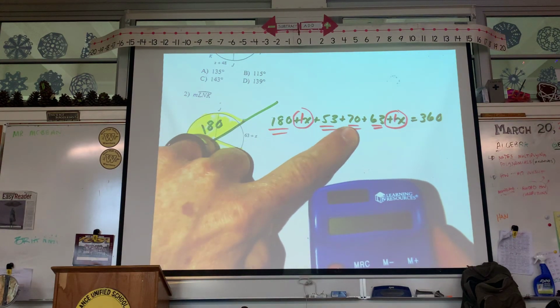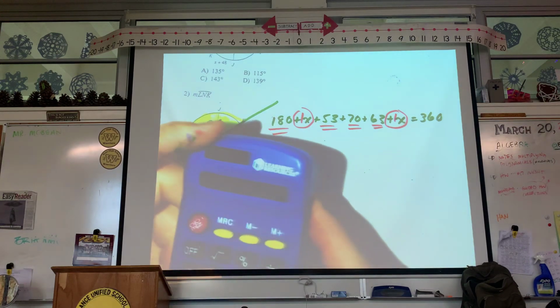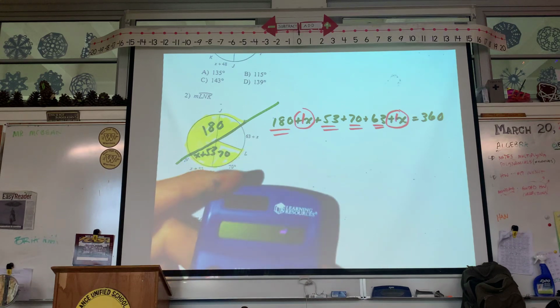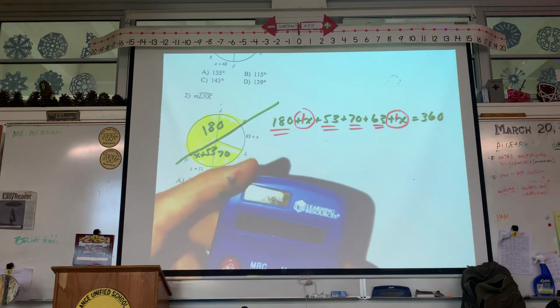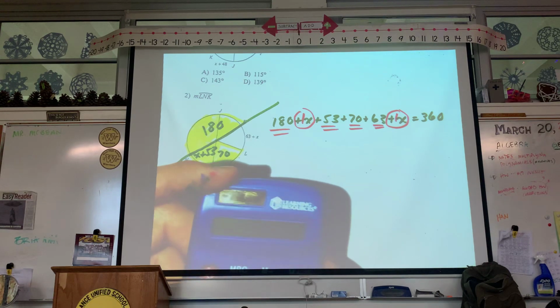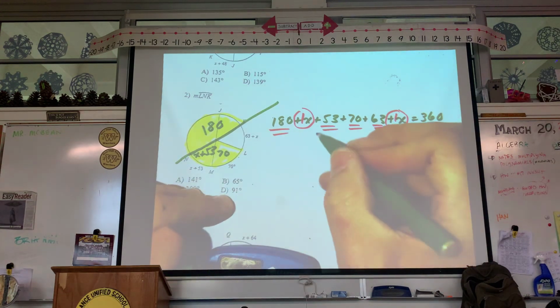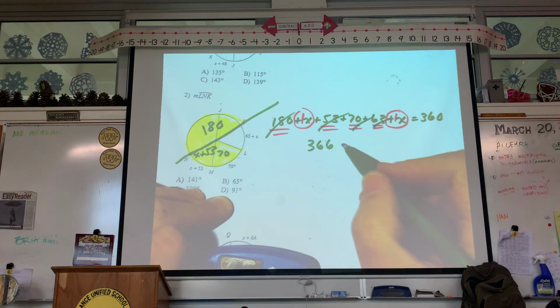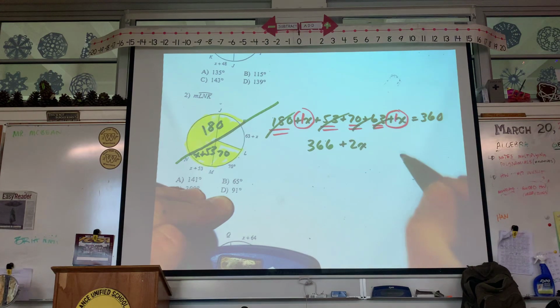This is going to be very similar to the last one. I'm keeping this, I'm subtracting 366, and I've got -6 again. 2x equals -6 again, therefore x is going to equal -3. I can plug in this -3 a couple ways.